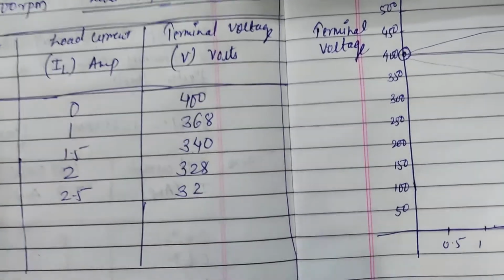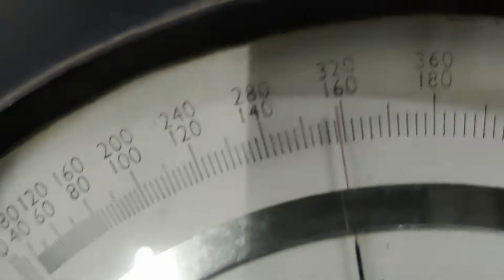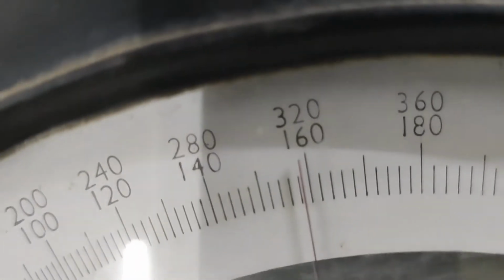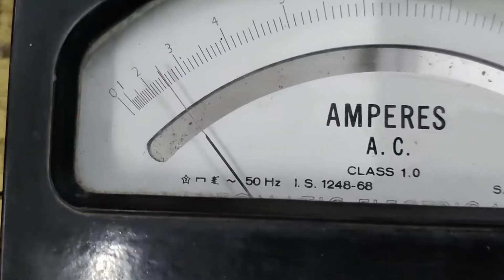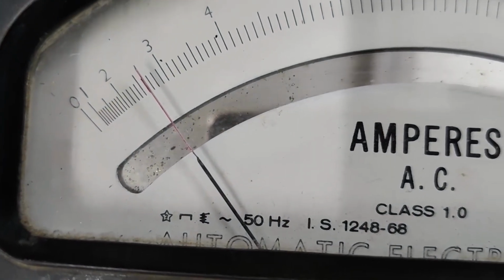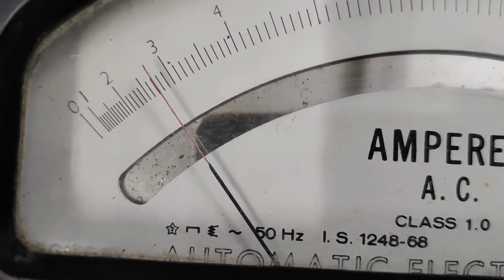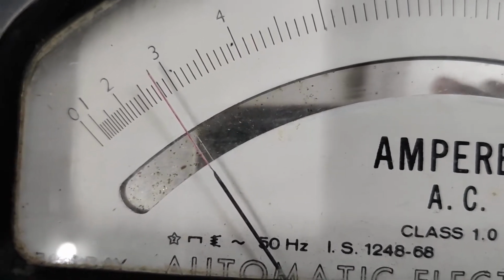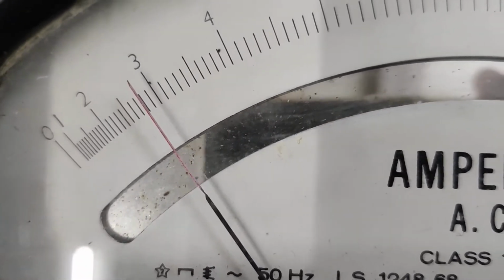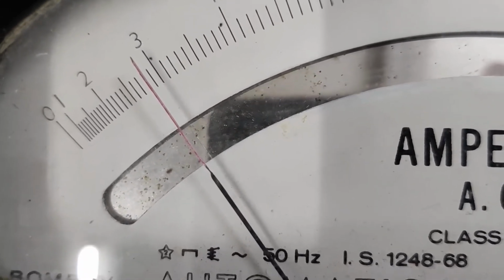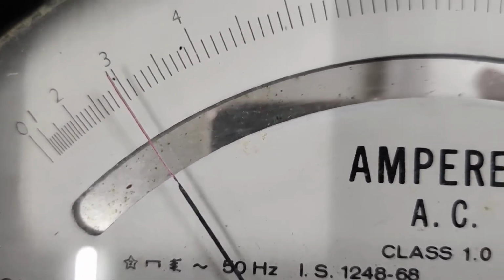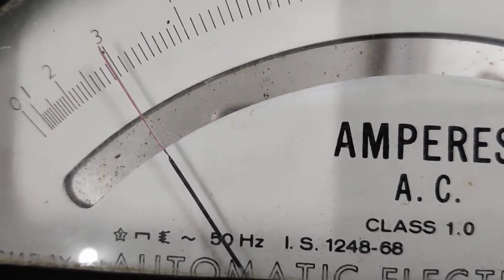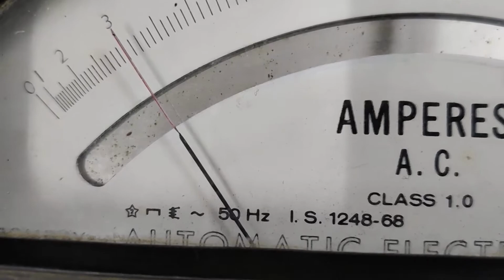Voltage 320, 318 volt. Okay. Last reading set we will take for inductive load is 3 ampere current. 3 ampere, a little 3 ampere, 2.8, yes, 3.